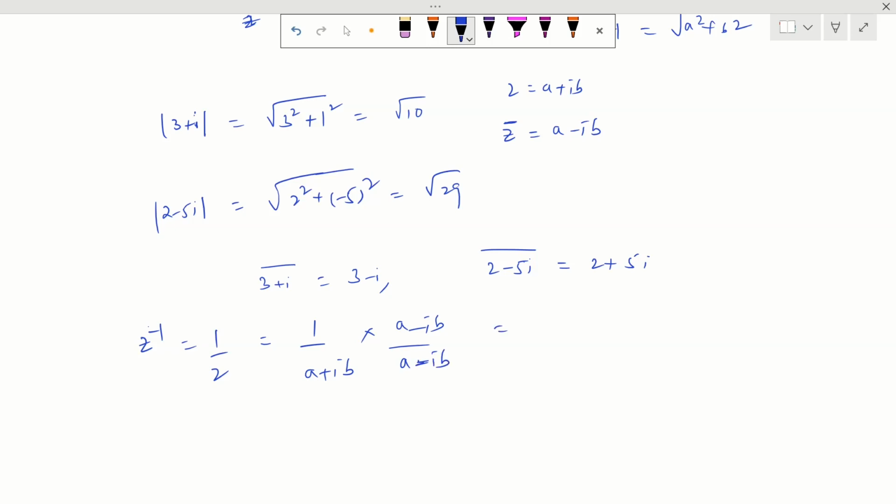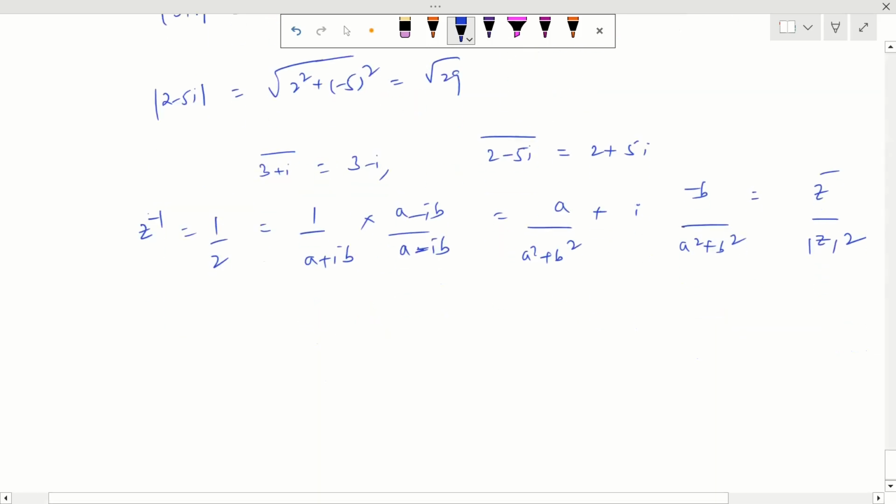So it will be in the form of a minus ib, and in the denominator I am writing a square plus b square. So this is the z inverse, and the denominator is the modulus of z squared.